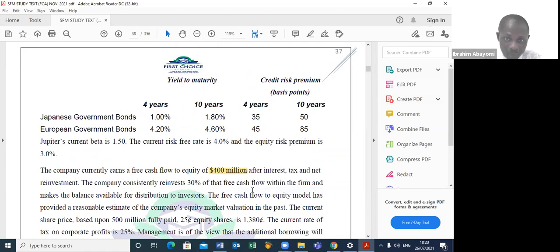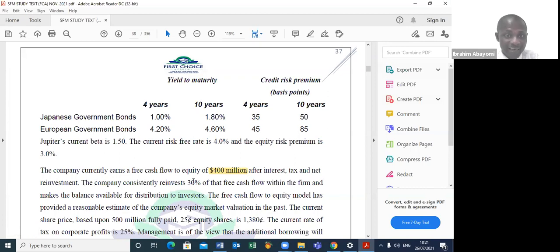Now, pardon me, here we have not done free cash flow to equity. So I am not trying to teach you free cash flow to equity here. We are going to do free cash flow to equity when we start business valuation. We are just copying a figure from the computation of free cash flow to equity, after interest, tax, and net reinvestment.